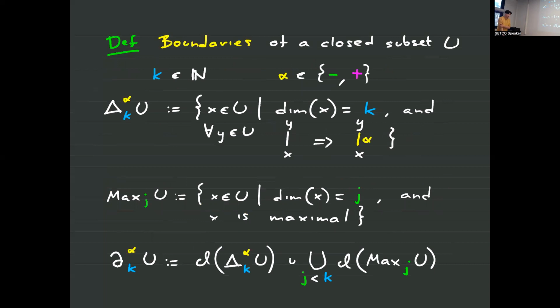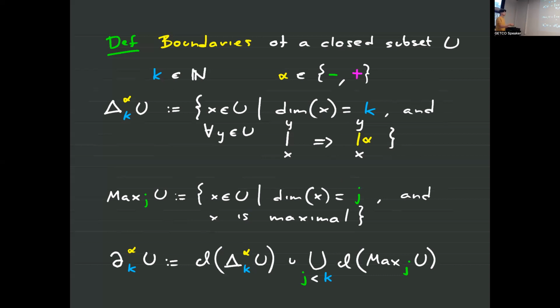And the good thing is that in an oriented graded poset, we have a combinatorial definition of boundaries of closed subsets, which works this way. Given a closed subset U, we want to say what the input k-dimensional boundary and the output k-dimensional boundary of that closed subset is.